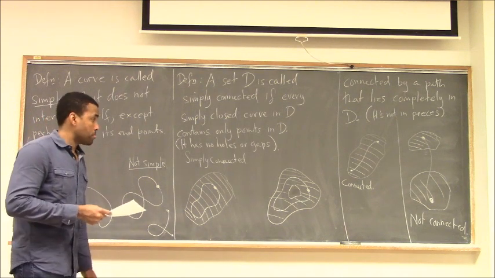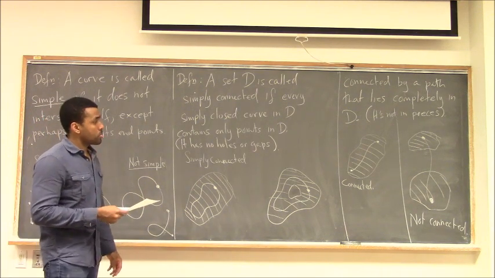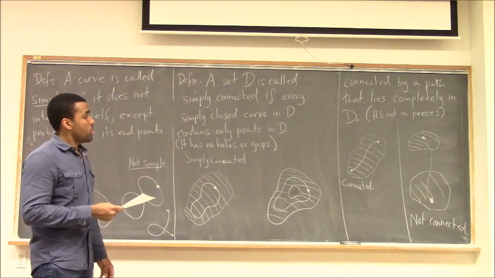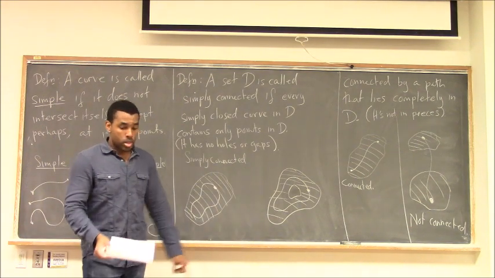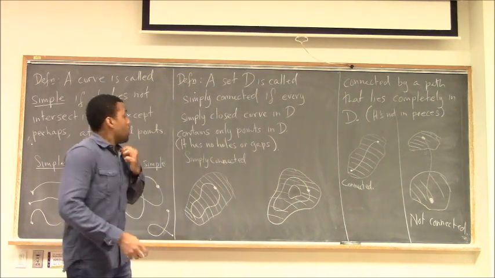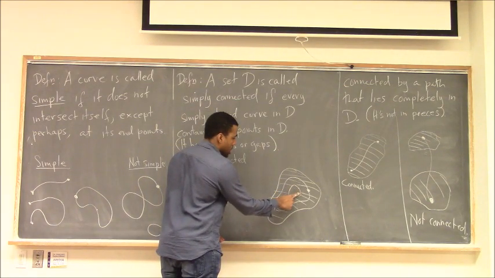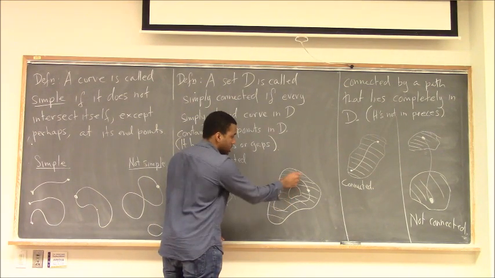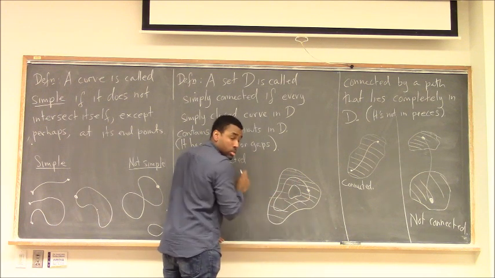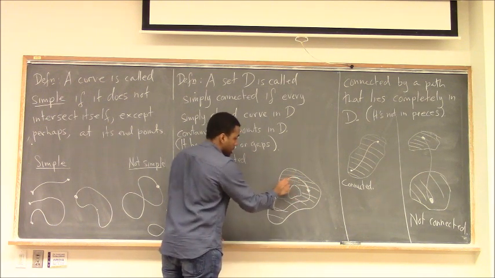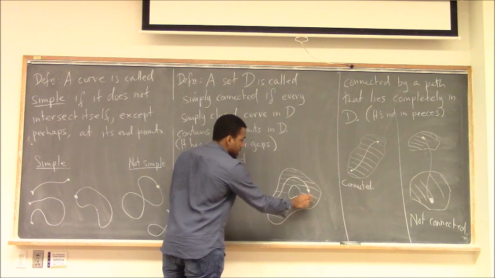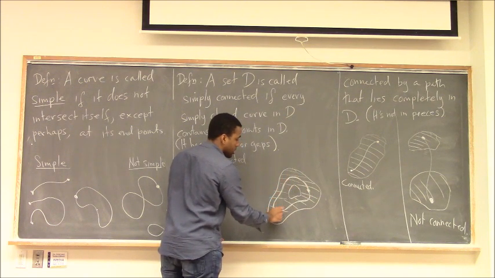Can you explain again why that's not simply connected? This one? Yeah. Because these sets here, this is a gap. These are not in the set. Right? The set is the shaded part that I mentioned. Okay? Here's a closed path. That's completely in the set, right? It's in the shaded region, right?